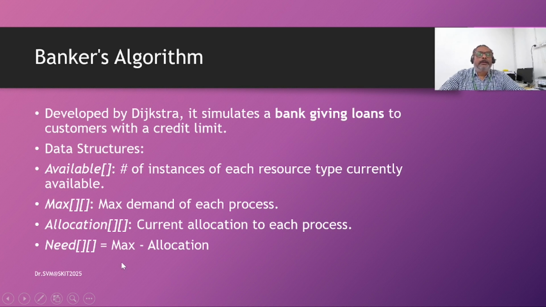Then the difference between what is required and what is allocated is the Need. How much more is required? Actually, Max was the total requirement, and as of now Allocation is what we have given, and this Need is still required.